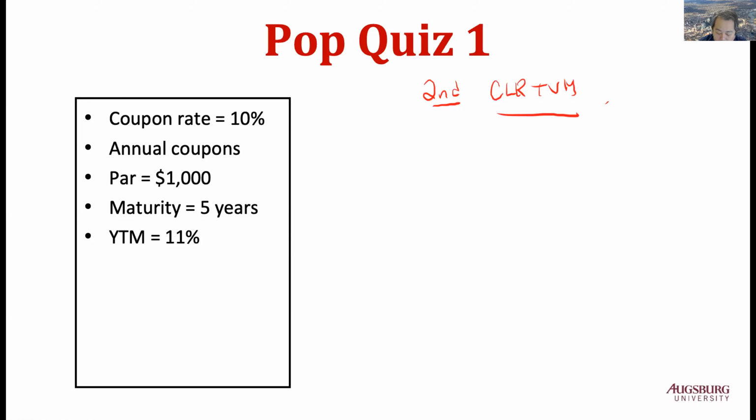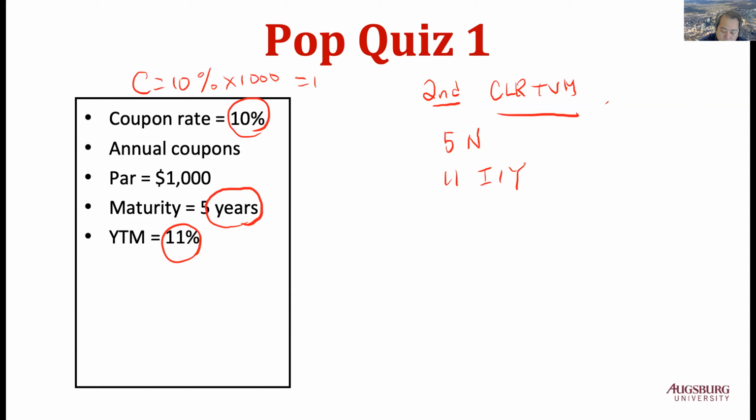And 5 N, 11 I/Y, since the discount rate should be the required return. 100 PMT, since the coupon rate is 10%, so the coupon amount is 10% times $1,000, which is $100. 1,000 future value.